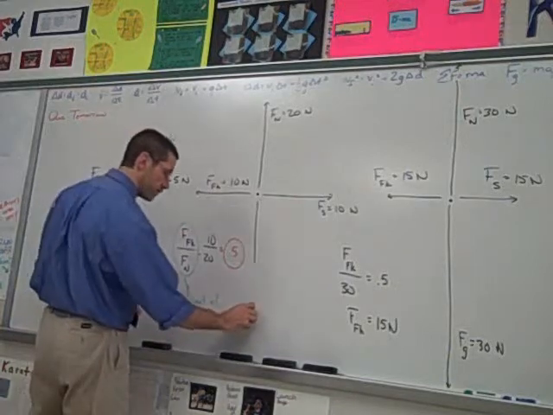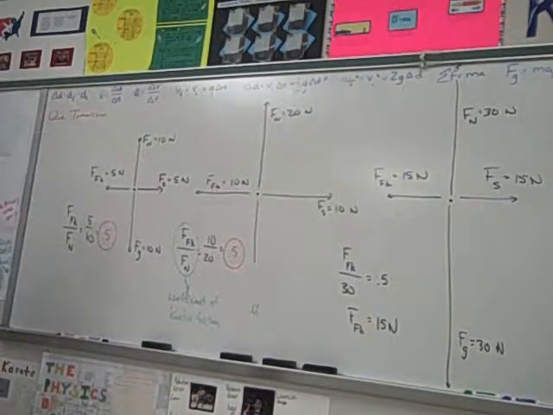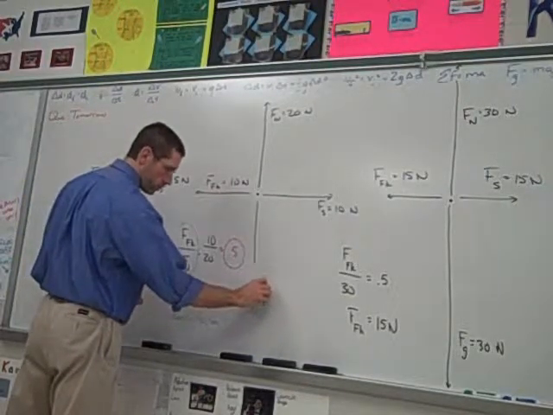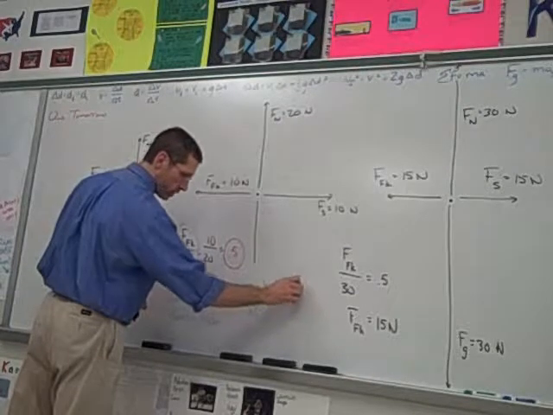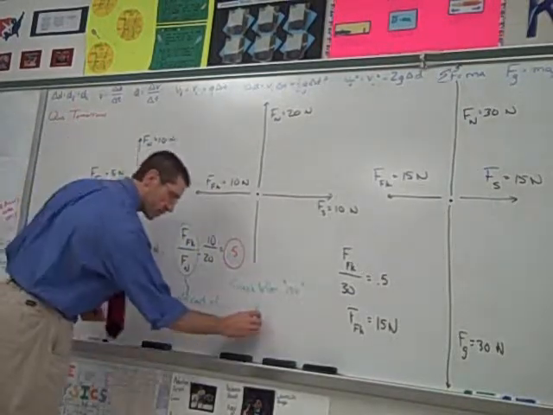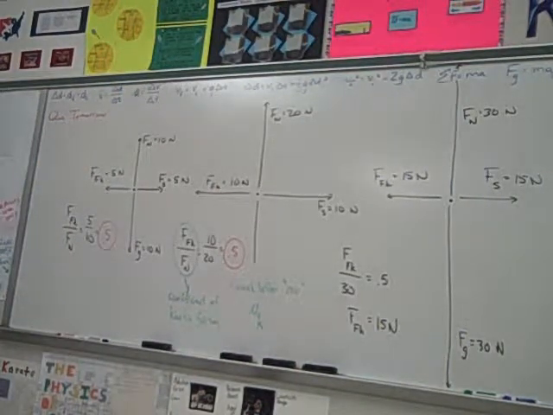We give it a Greek letter, mu. Basically a U with a little tail on it. It's the Greek letter mu, it's lowercase. And because we were dealing with kinetic friction, we're going to put a subscript on there, K. So mu sub K is the coefficient of kinetic friction.